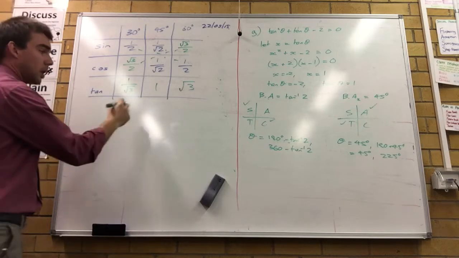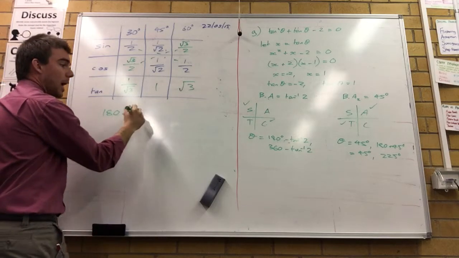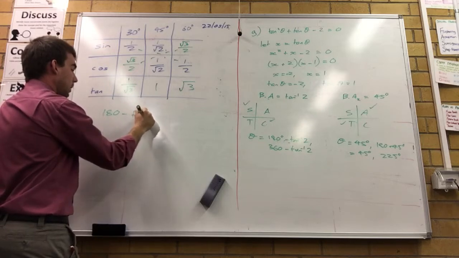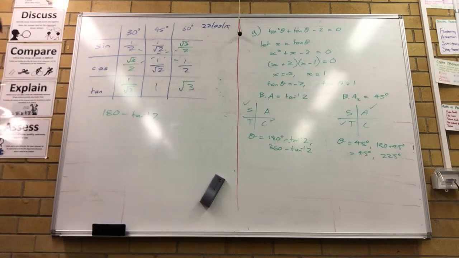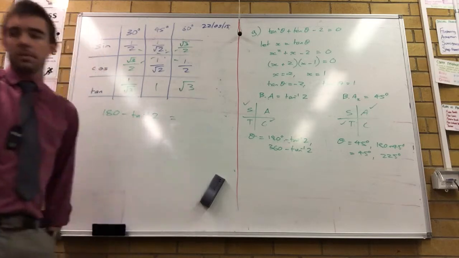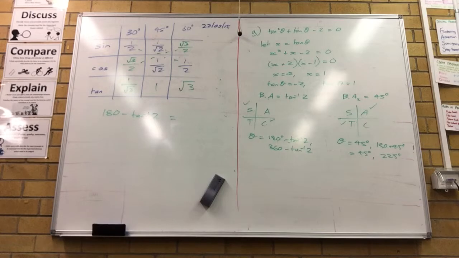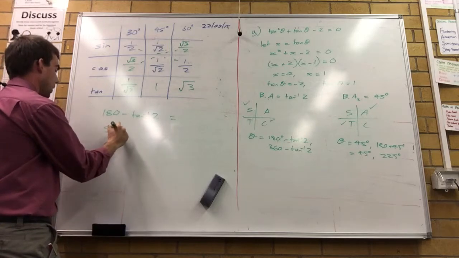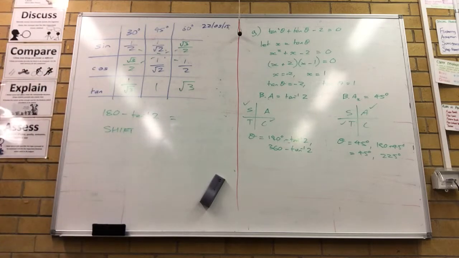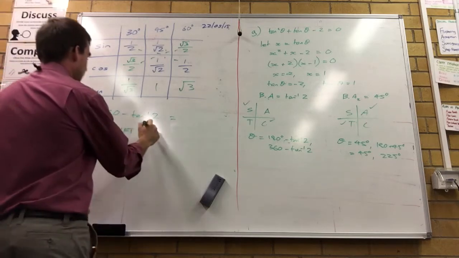Can everyone please put this in? 180 take away tan inverse of 2. Everyone should be able to put that in the calculator. Push equals, and then push shift. Above the RCL, above the number 7, there's a button with a circle and a comma. It's the store button.